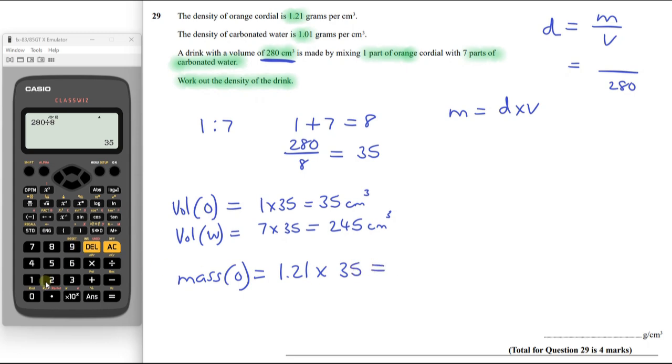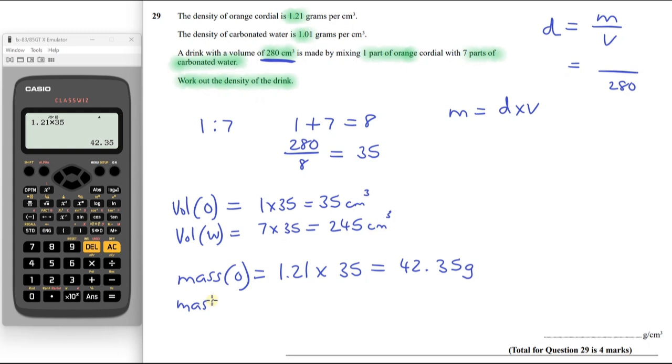I think now I'm going to need to use my calculator. 1.21 times 35, and we get 42.35. And if we think about our units, our density was in grams per centimetre cubed, and our volume was in centimetres cubed. So our units are just going to be in grams for the mass.